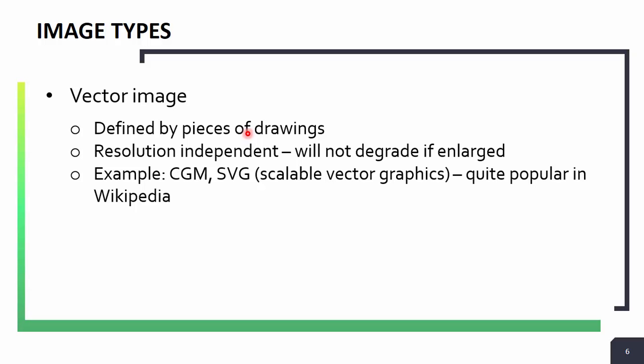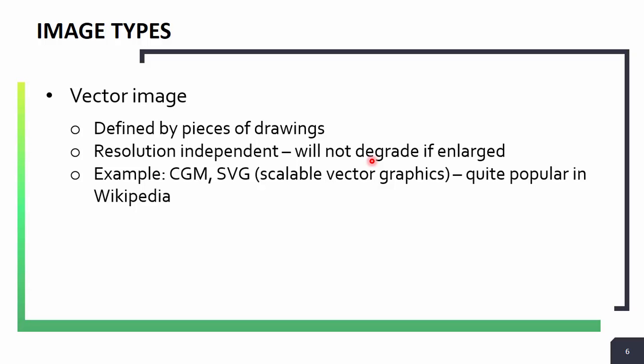You define the image by telling what is the length of the rectangle, the width, the radius of the circle that you have in your drawing, and the triangle, what are the angles of the edges, and so on. So that is what we call vector image, because defining the pieces of this drawing is actually defining vectors of the drawing. This kind of image is resolution independent, which means it does not degrade if we enlarge it.